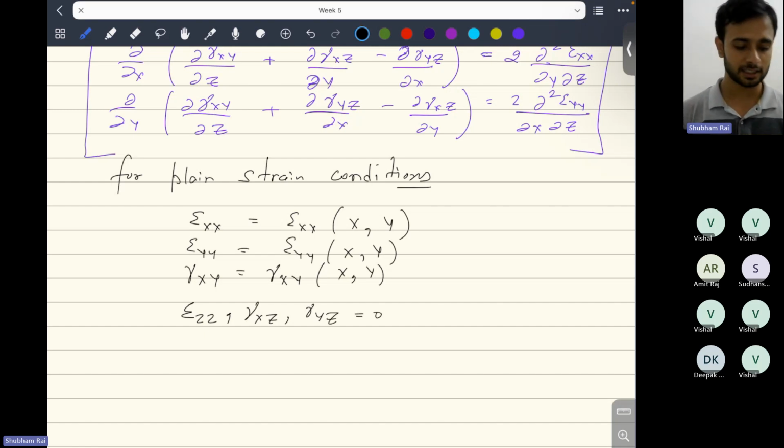So for plane strain conditions, out of all these compatibility conditions, 5 are already satisfied.